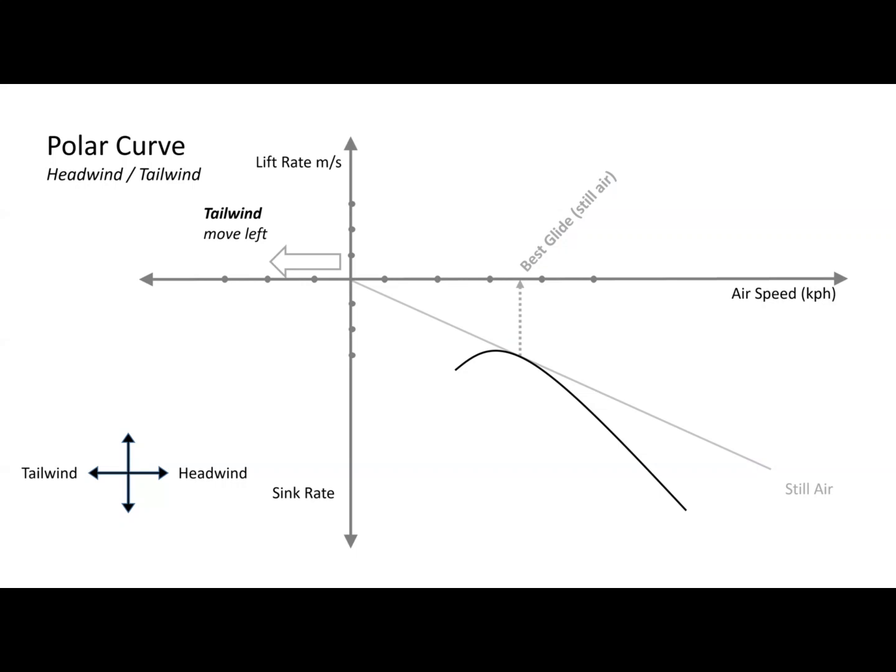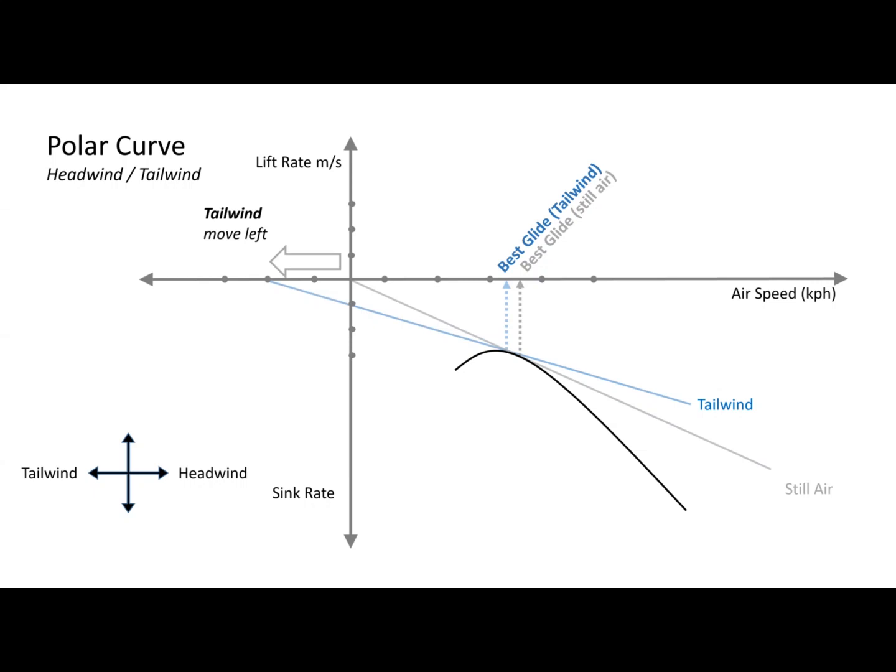There's wind pushing you. The way you work this polar curve with the tailwind is you start the point of your line further to the left. So let's say you had a tailwind of, I don't know, I'd say these are 10s. So let's say you had a tailwind of 20 kilometers an hour. You actually draw your line to your curve from the minus 20 point.